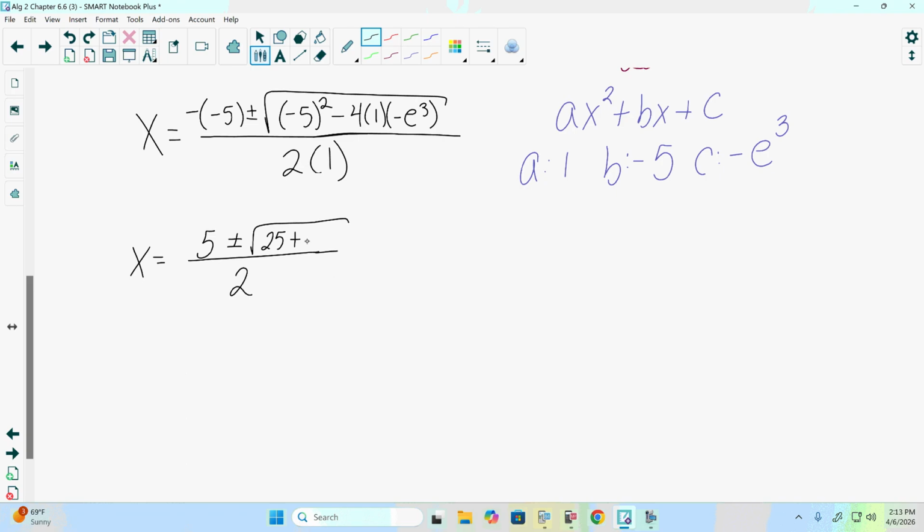Now let's see our product. We have 4 times 1, which is 4, and 4 times e to the third as well. 4e to the third. So the exact solutions that we get from this are x is equal to 5 plus or minus the square root of 25 plus 4e to the third, all over 2.